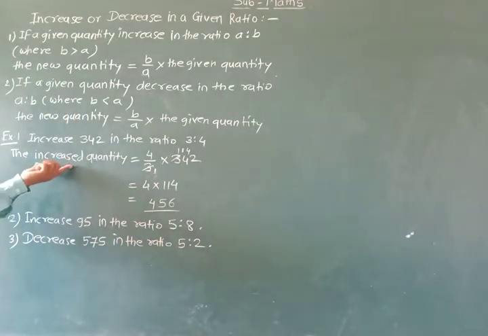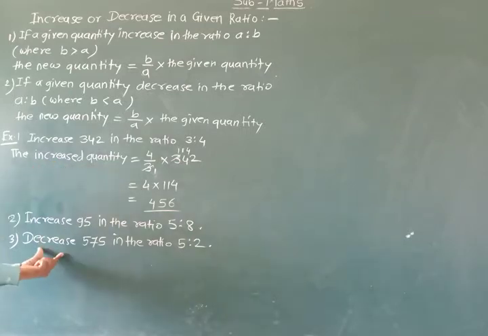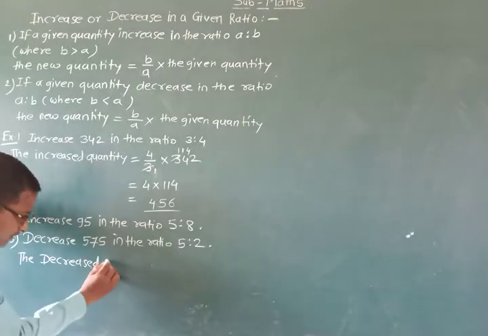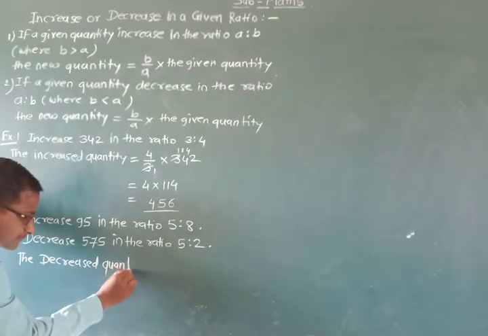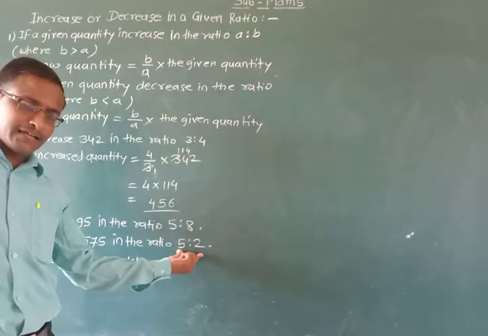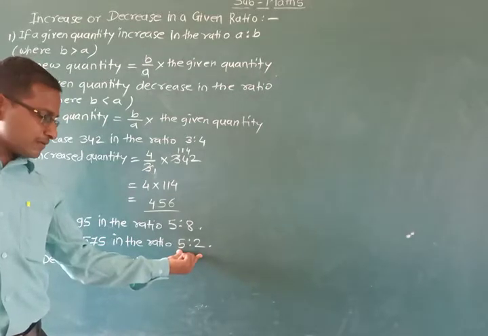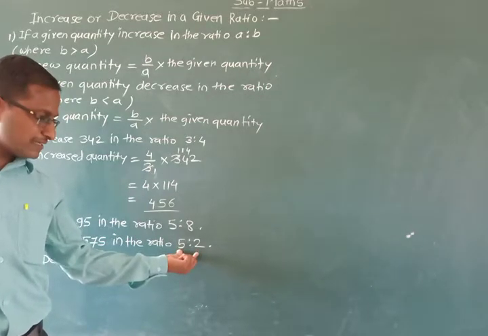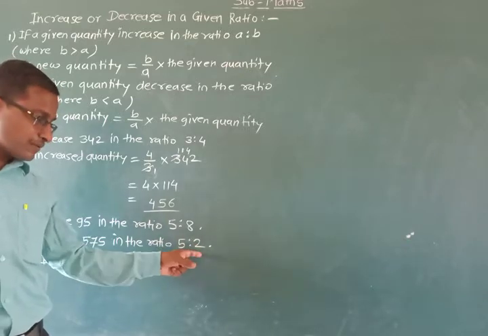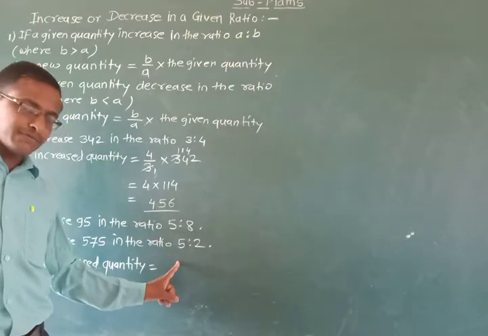Here the word increase is replaced with decrease. The decrease quantity is equal to... here 5 is greater than 2. Here 2 is less than 5. So 2 is the smallest value, 5 is the greatest value. So you take the ratio 2 upon 5.